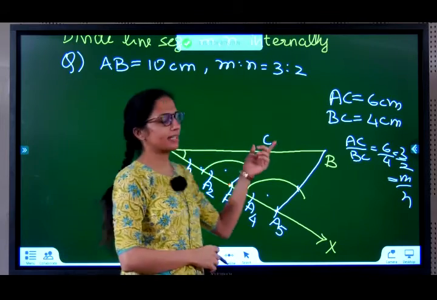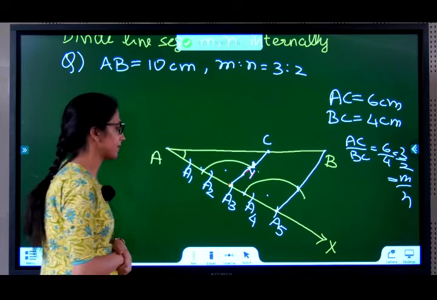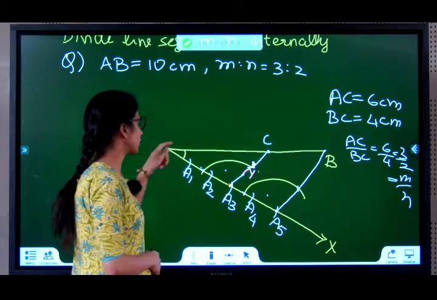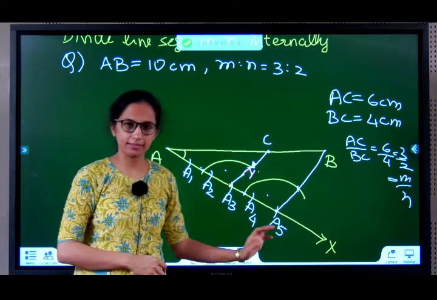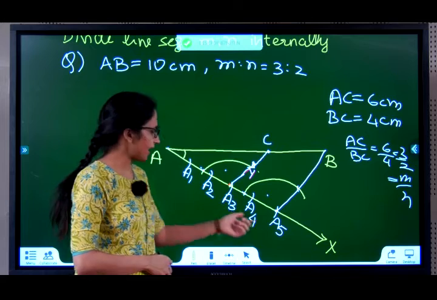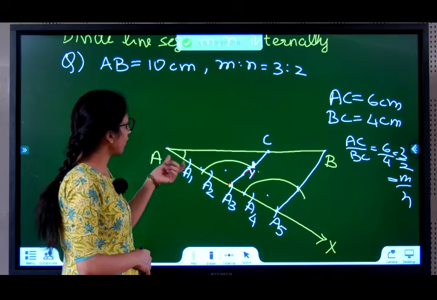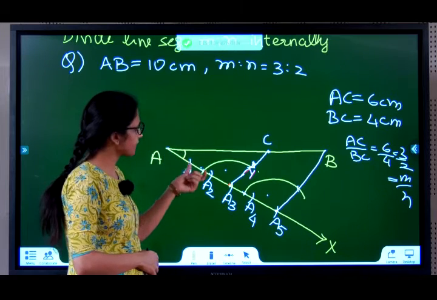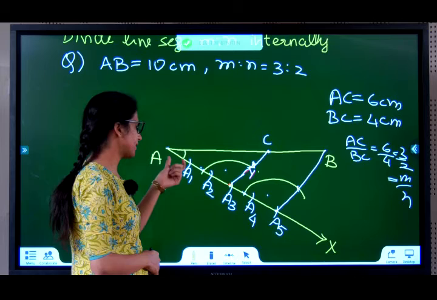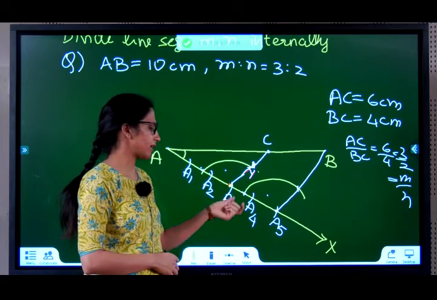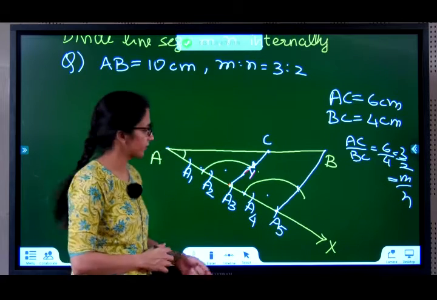Draw a line segment AB of length 10 centimeters. Construct an acute angle BAX. On ray AX, draw 5 arcs of same length. Let the arcs be A1, A2, A3, A4 and A5.